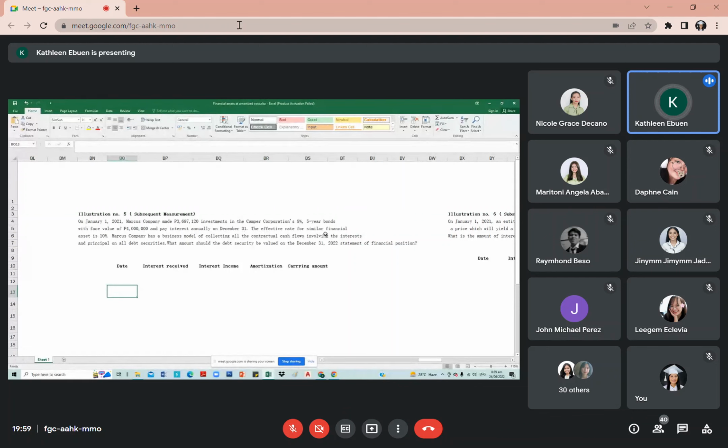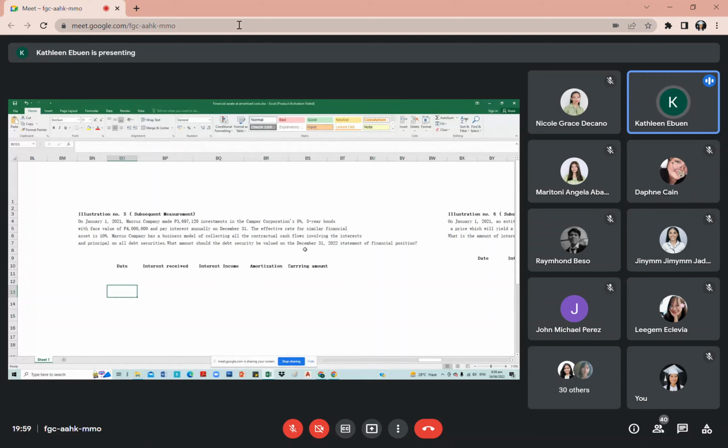The effective rate for a similar financial asset is 10%. So Marcos Company has a business model of collecting all the contractual cash flows involving the interest and principal on all debt securities. So financial asset at amortized cost po ito. What amount should the debt security be valued on December 31, 2022?